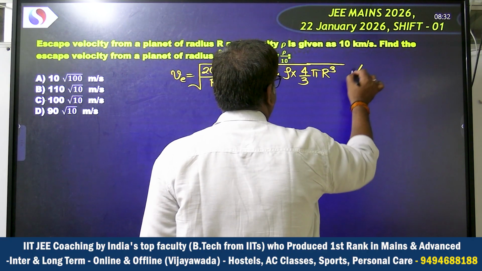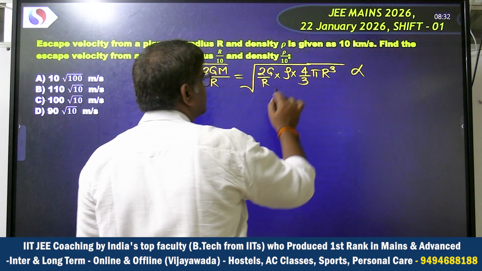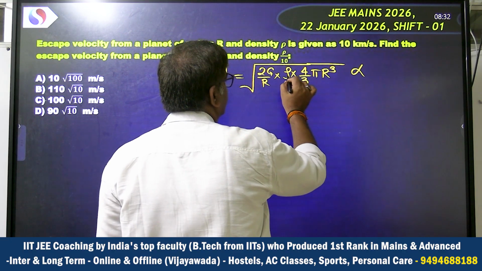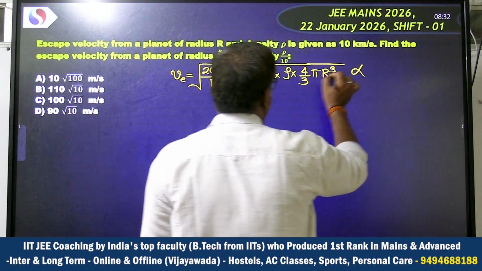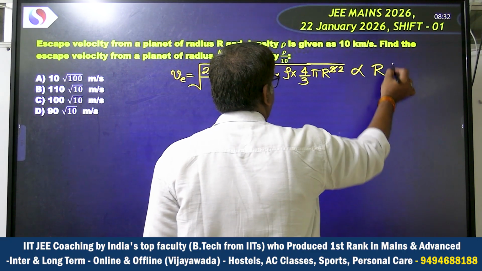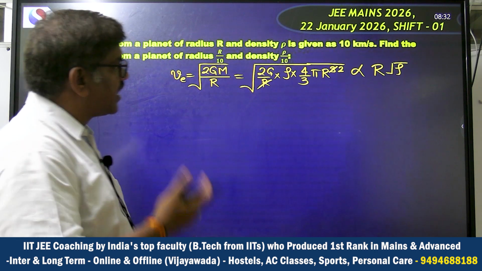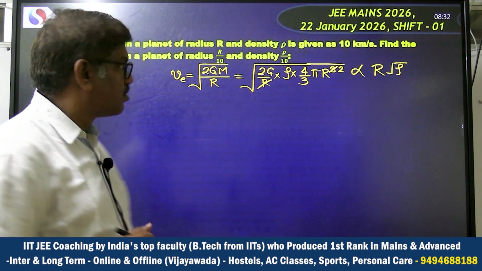So clearly, since we have to compare, I will see the proportionality. All the values are the same except density and the radius. So I can say this is r, and r cube becomes r square. Outside the root it is capital R and under root of rho. So clearly you can see that the escape velocity will be directly proportional to R and root rho.